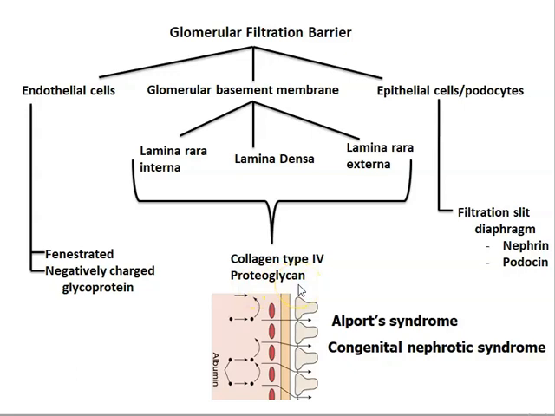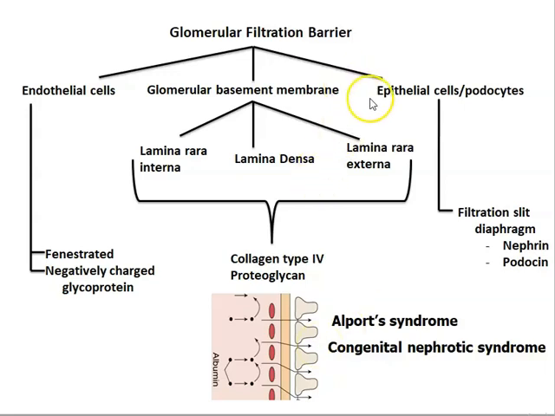And with reference to the GBM, we have discussed Alport syndrome, which is an inherited, X-linked disease, where the child is born with malformation of type 4 collagen. And this will result in weakening and thinning of the GBM, and the child is born with proteinuria, hematuria, and even kidney failure.